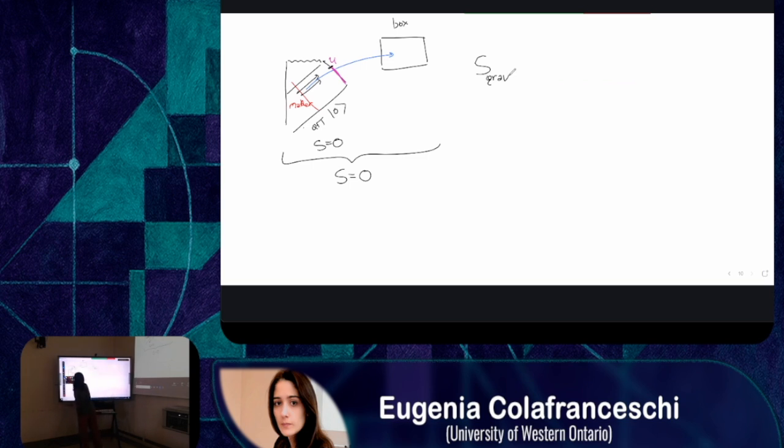Okay, if the whole system is in a pure state, then the entropy of the gravitational system at each retarded time must be equal to the entropy of the box. So you keep collecting this radiation, so the entropy of the box increases and the entropy of the gravitational system increases.